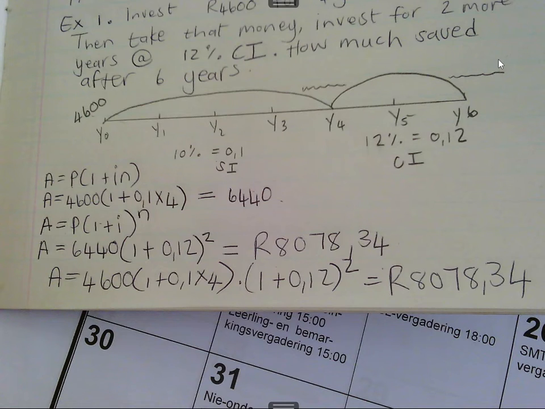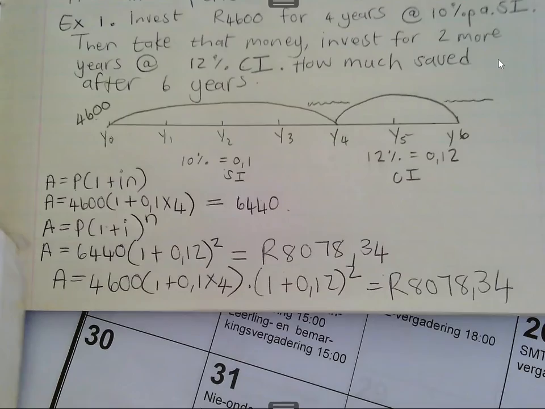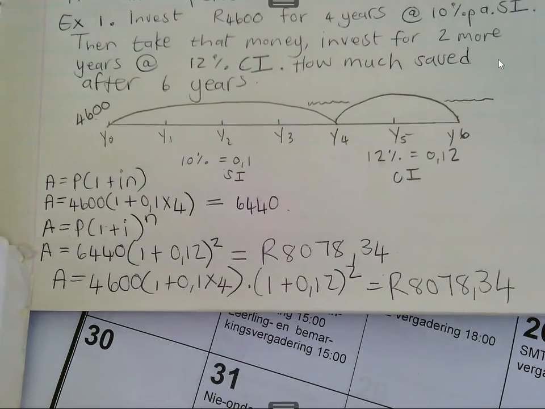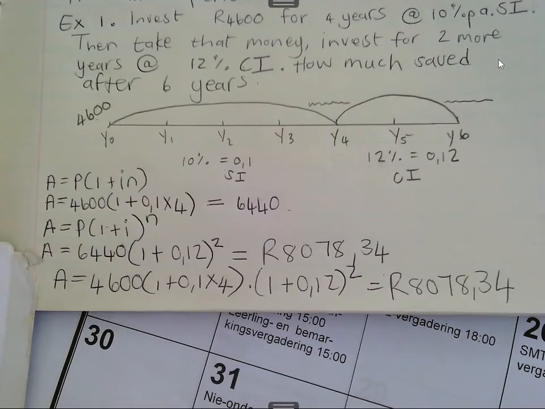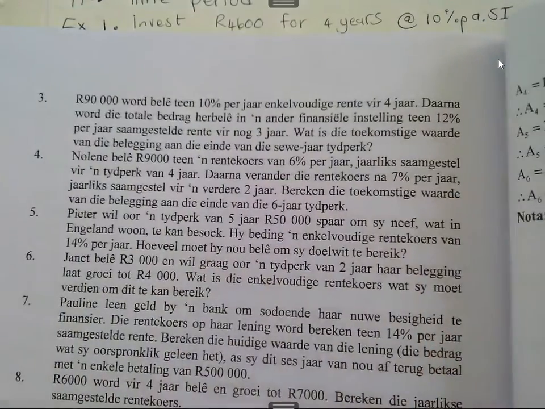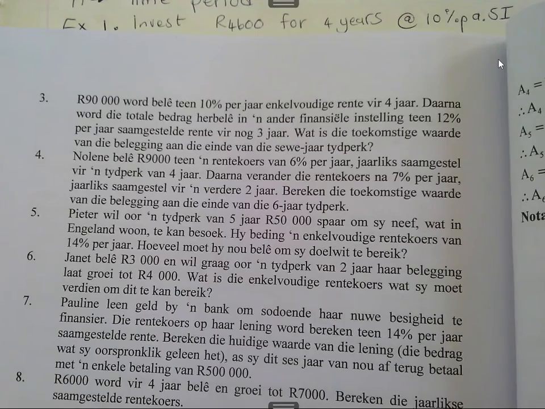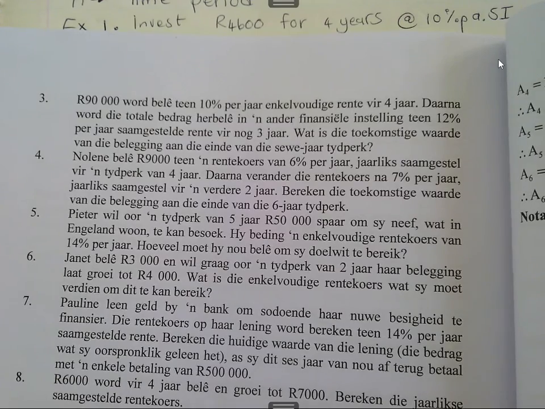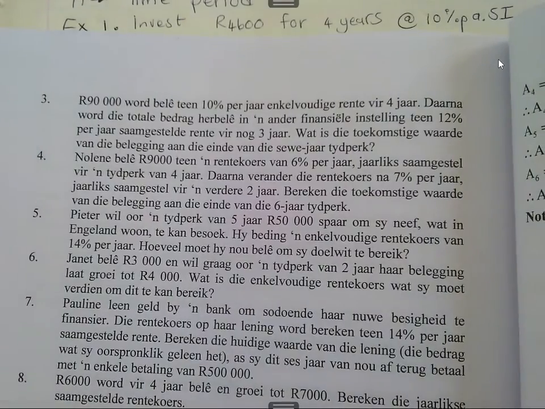So when you're going to do your homework now, because you're going to do the whole of exercise 1, it's 8 questions on page 269 and 270. You will see that there are also questions where 2 consecutive investments are made. So first the one at a certain interest rate for a certain time, and then the amount is taken and reinvested.